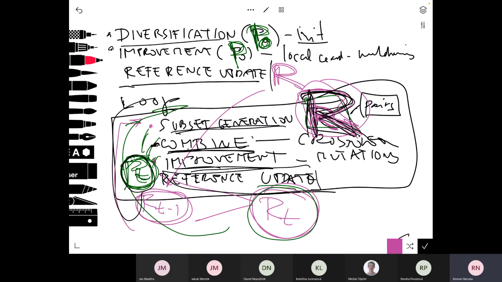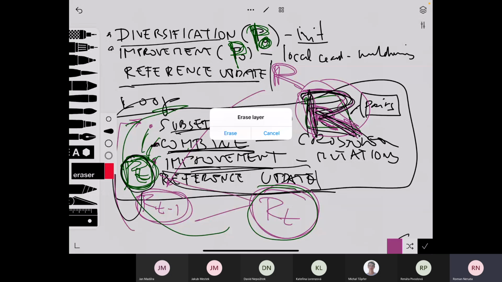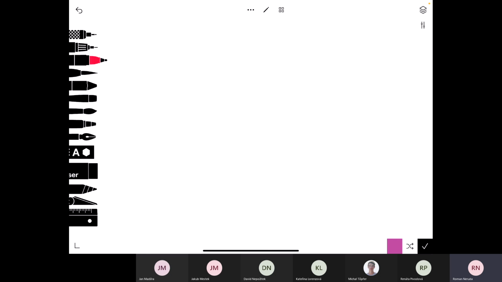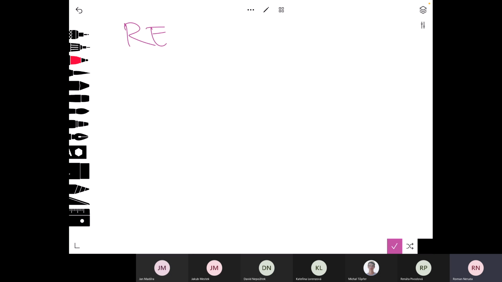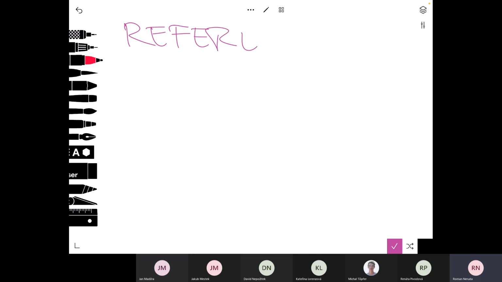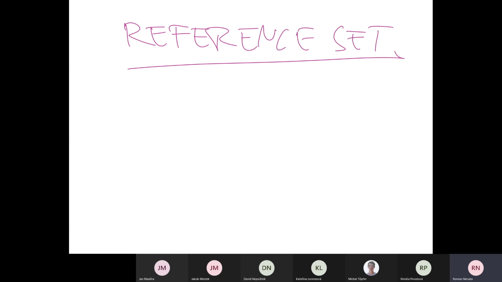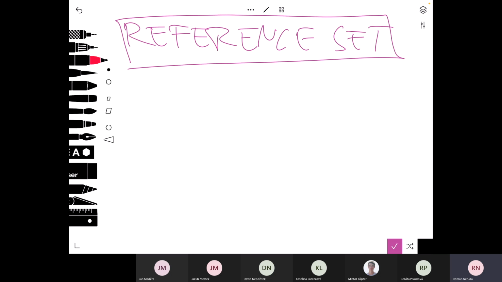So, what to do with the reference set? How to actually do it? Well, the idea for the reference set, because the reference set is important, right? It's the only thing that survives between generations. So that should carry the key information, the best individuals from the previous population.